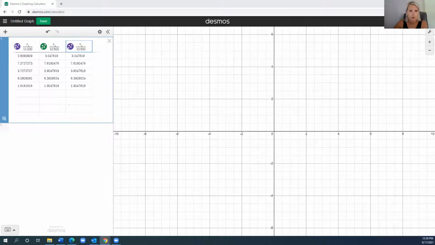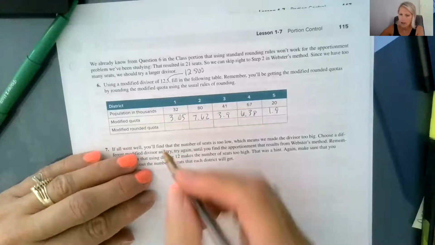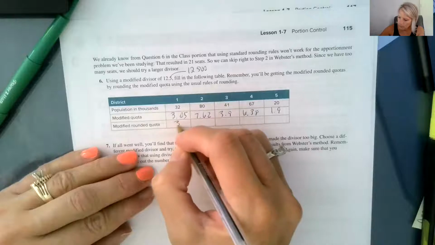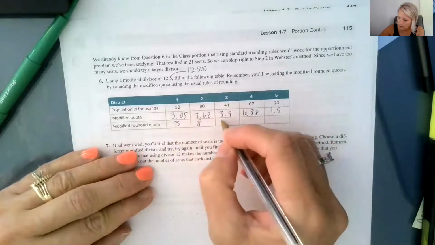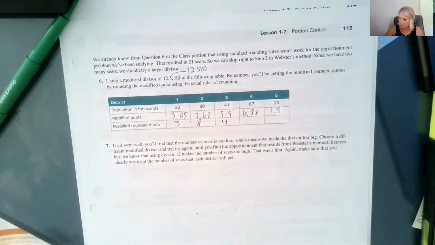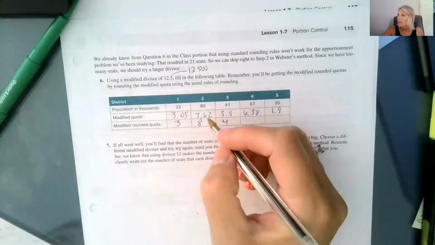And our modified rounded quota using natural rounding, so we have, this one's going to round down to 3. This one will now round up to 8, up to 4. What do I have here? I just want to make sure that this should be 12,500.